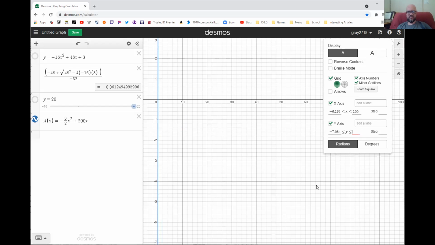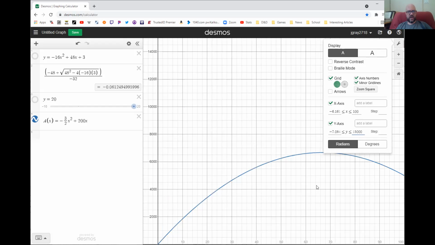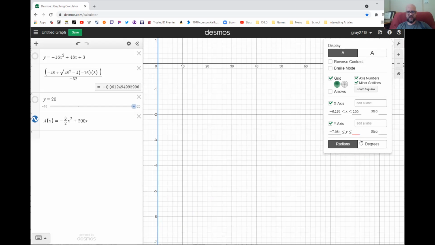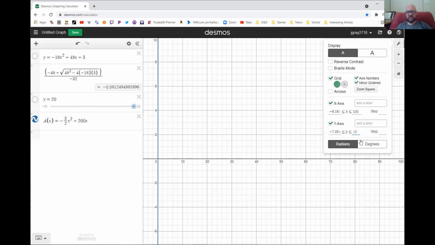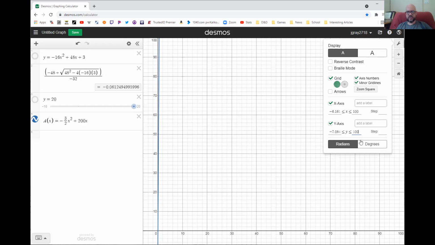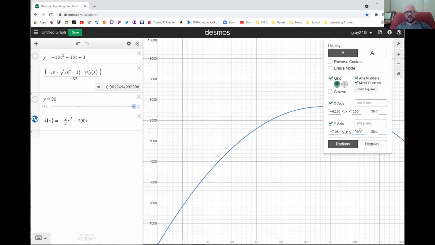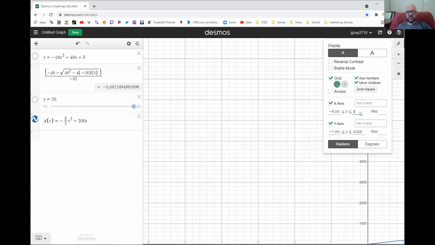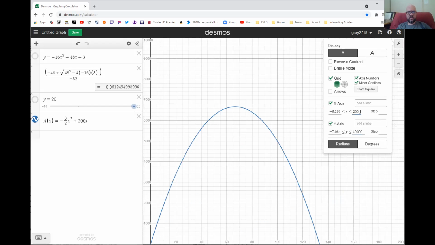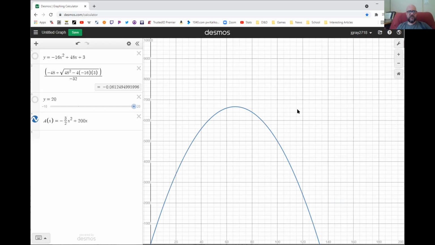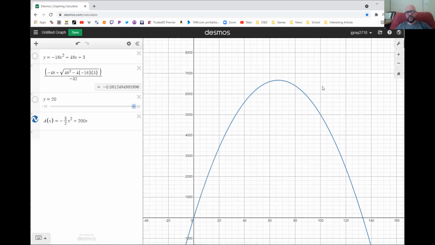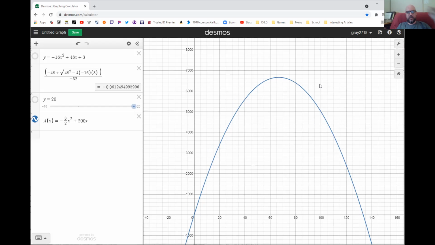Okay, so it looks like the vertex is going to be up in the 7,000 range. So let's make this up to like 10,000. There we go. And this needs to go over to like 200. Okay, there we go. I fiddled around with it long enough, and now we've got a working parabola here.